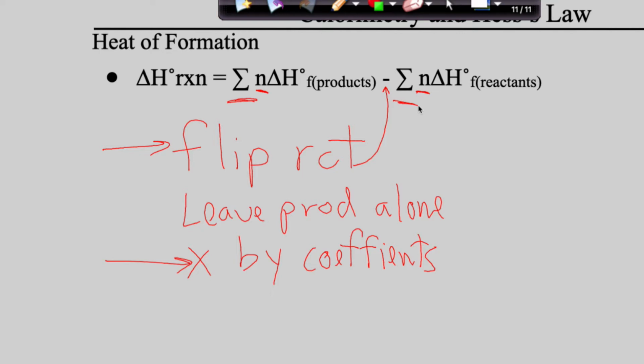Delta H naught is equal to the sum of delta H formations of products minus the sum of the delta H formations of reactants. Guys, what is missing from your paper that is on the board? The n. Guys, the assumption is that you know to multiply by the coefficients. They don't give you that on the equation sheet. You just need to know it.